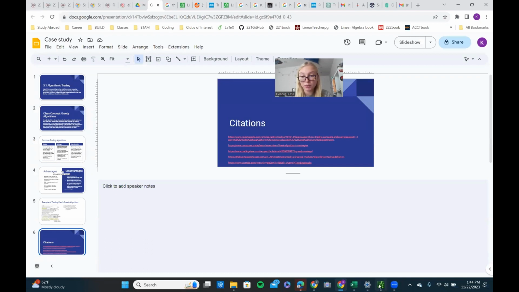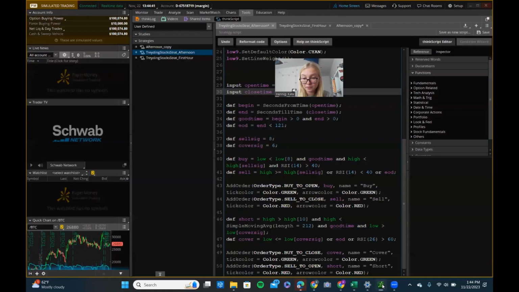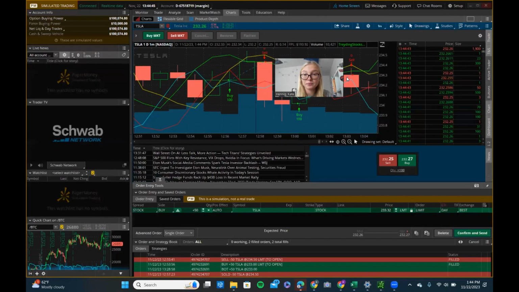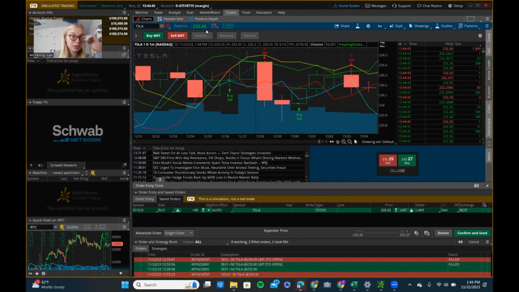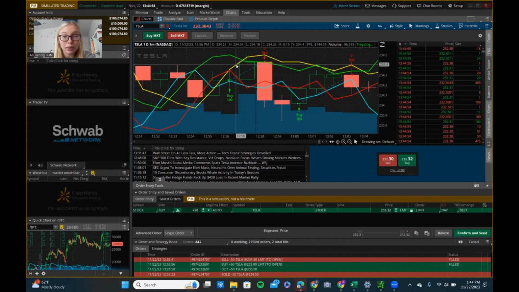So I'm going to open up thinkorswim real quickly. First, I'm going to look at charts. Right now I'm just on simulated trading, so this is all paper money. Basically, I have three lines here that are made by my code.